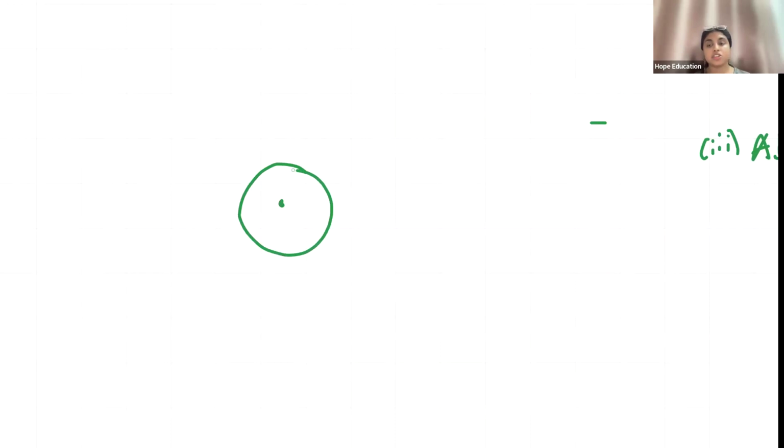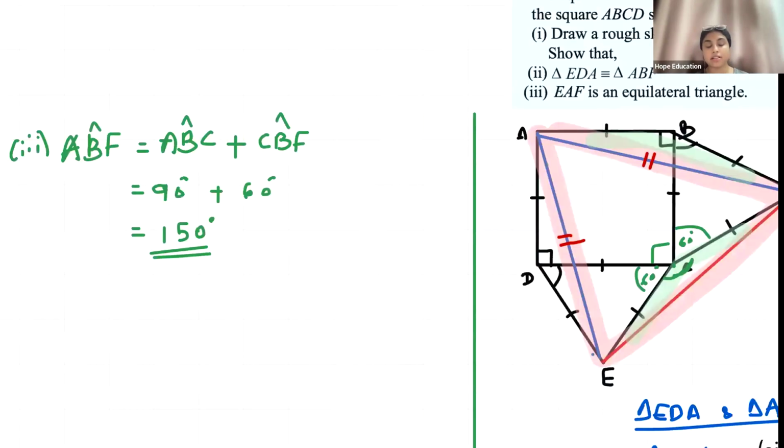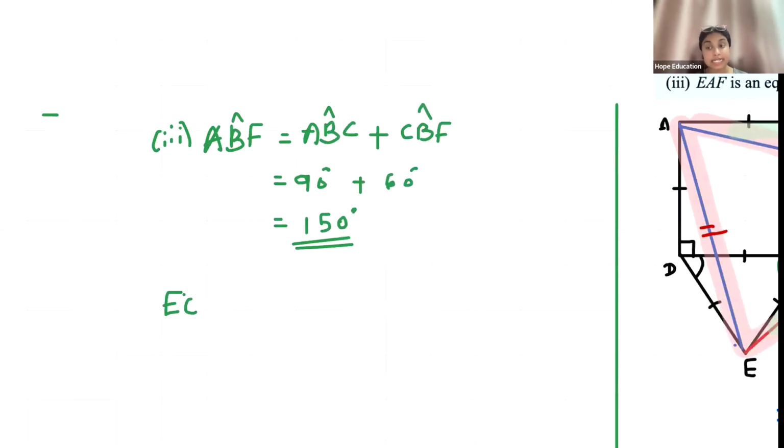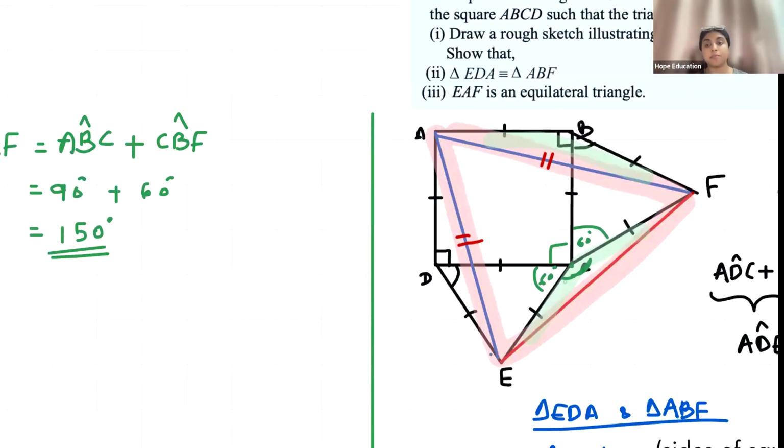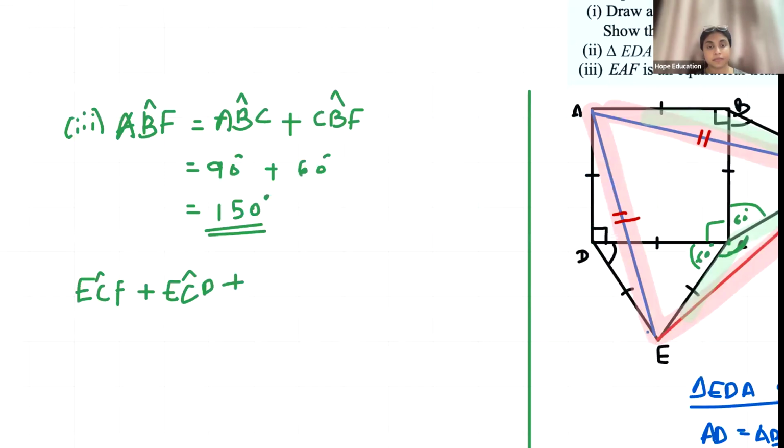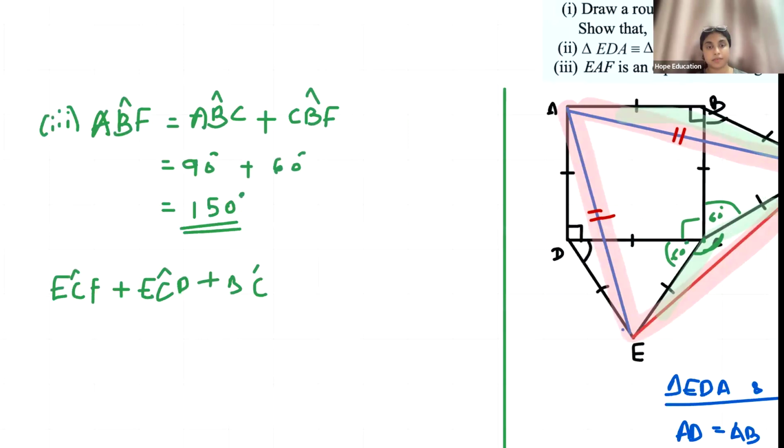Okay. So let's see ECF. I'm going to add all the angles around the point C. One is ECF. Then we have ECD, plus we have BCD, plus BCF.